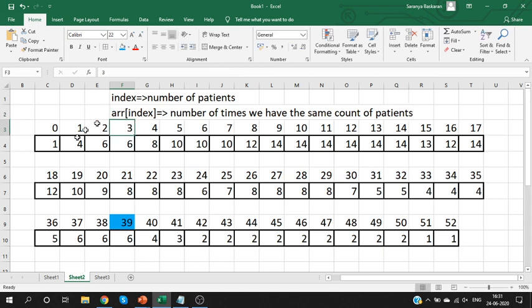Clear? When I represent my data like this, index indicates the patients. Patients will range from 0 to 52. Index indicates the patients and array of index indicates the number of times we will have that count of patients.